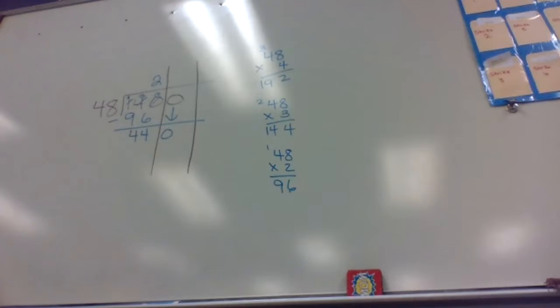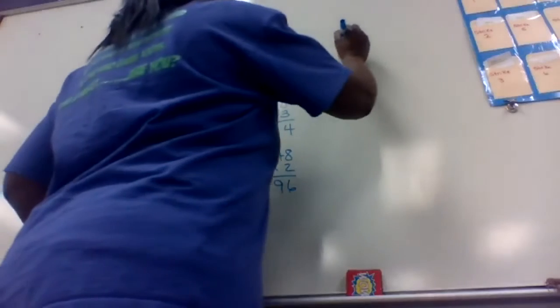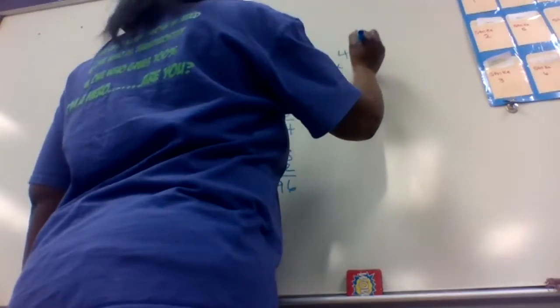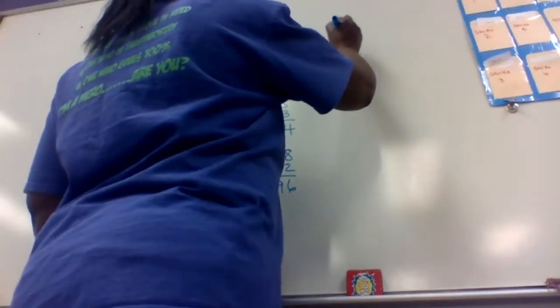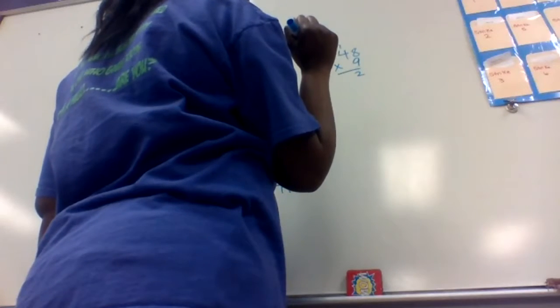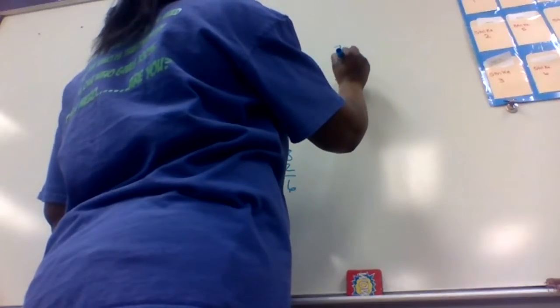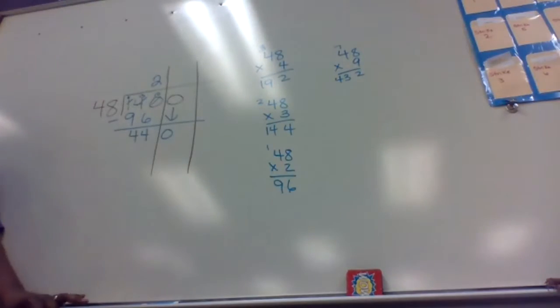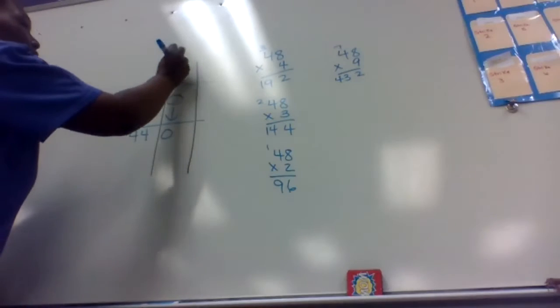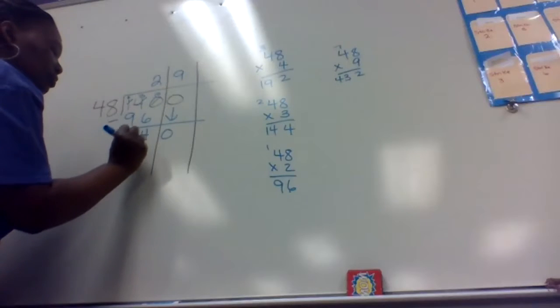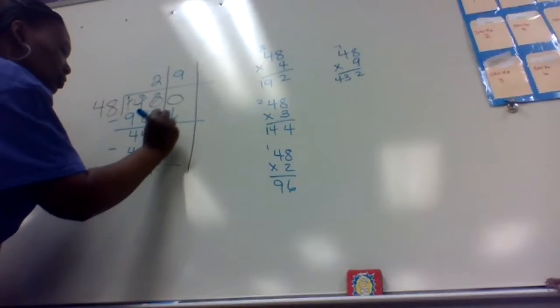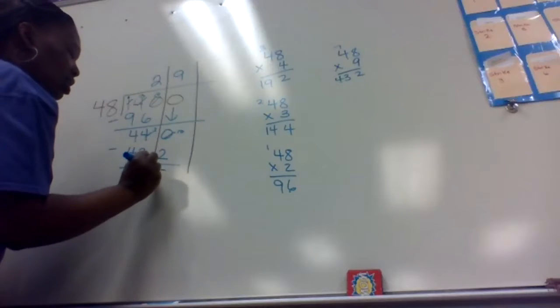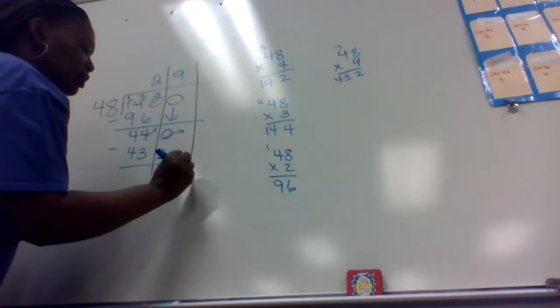Now we got 440. So 48 times 9 is 432. That's the biggest we can get. So there's 8 baseballs left.